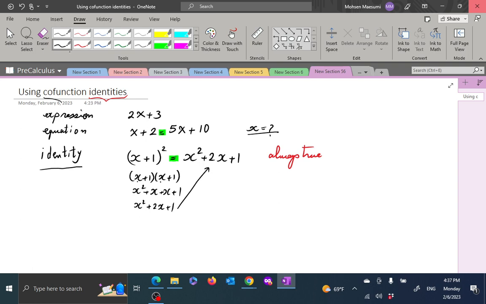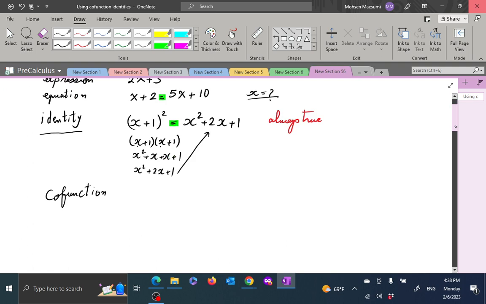Now, what is meant by cofunction? So what's a cofunction? This is specific to trigonometry. In trigonometry, remember we had 6 functions that we were studying.